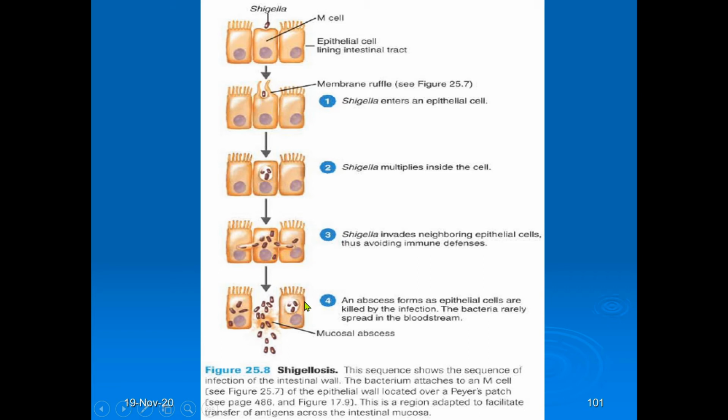When the toxins are released, the cells are damaged, abscesses are formed, and you can see blood and pus in your stool.